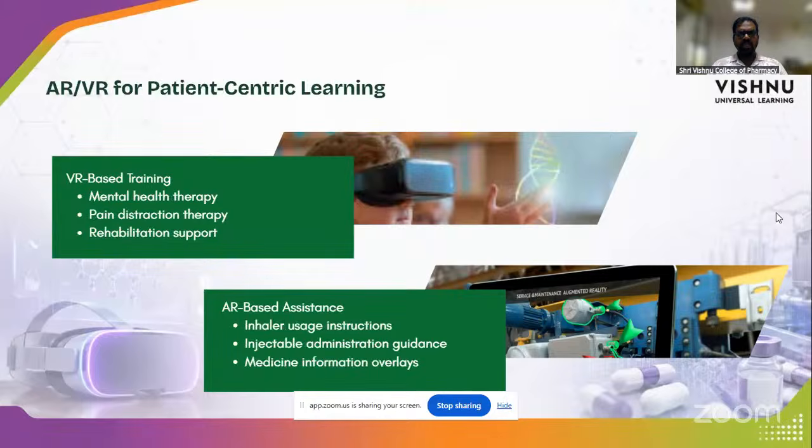In patient counseling or patient-centric learning, VR-based training can help with mental health therapies. We can improve patient pain distraction therapies using these VR sets, and also provide rehabilitation support using virtual reality-based training. Whereas augmented reality in patient-centric learning can be used to instruct certain procedures like inhaler usage.